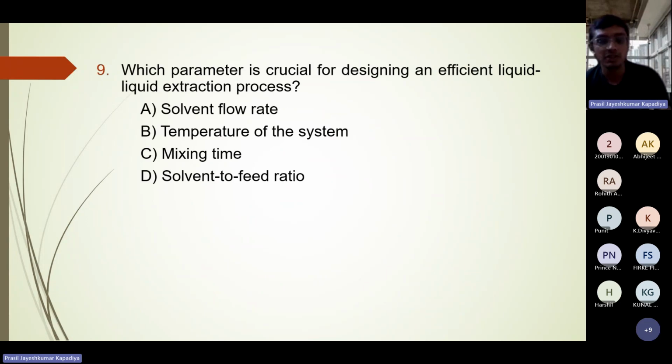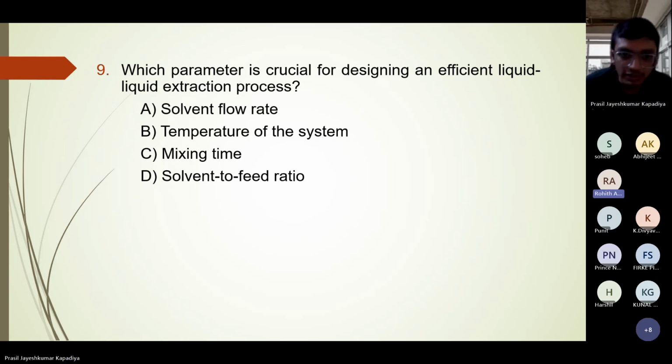Next, which parameter is crucial for designing an efficient liquid extraction process? Solvent to feed ratio. It will not only depend on solvent flow rate.